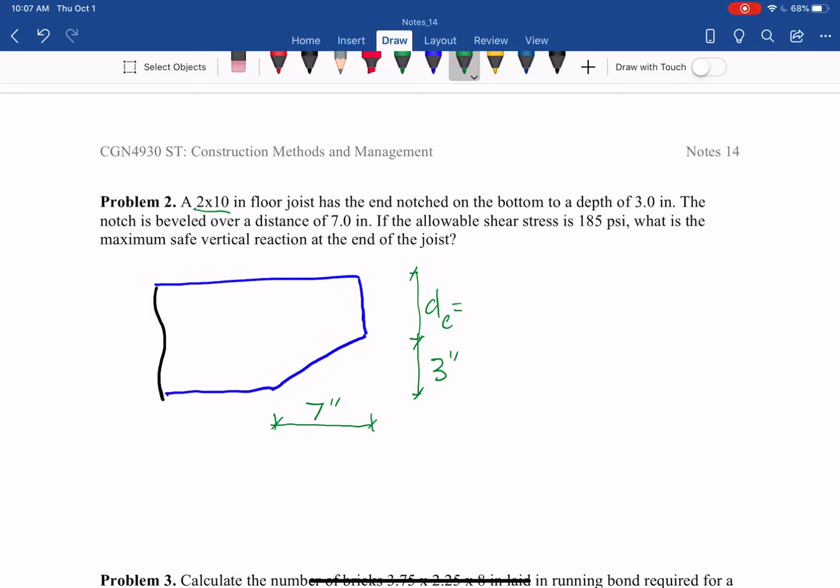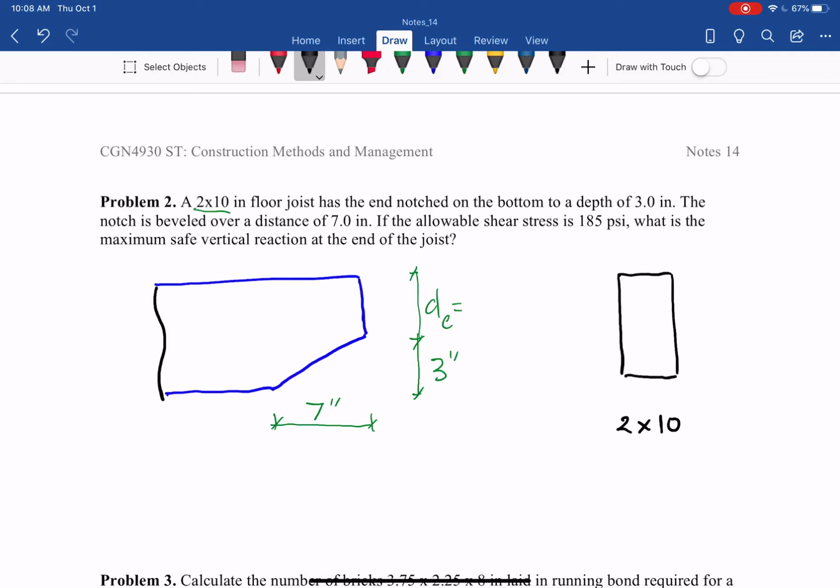So let me draw the cross section. 2 by 10 is the nominal dimension, not the actual dimension. So if you have 2 by 10 inch, then what should be the actual dimension?